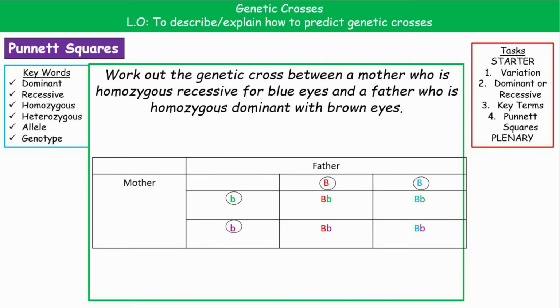And then whatever is at the start of the row as the gamete, we put in the two cells to the right. So the green lowercase b goes into the top two there, and the purple lowercase b goes into the bottom two. That then gives us the four potential combinations of the alleles we would see in the offspring. So again, I'll leave it up for a minute to give you a chance to jot those in.